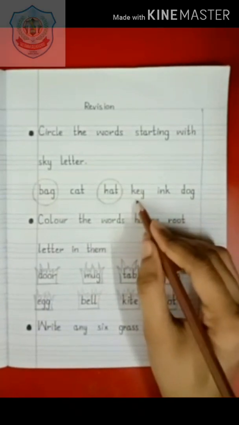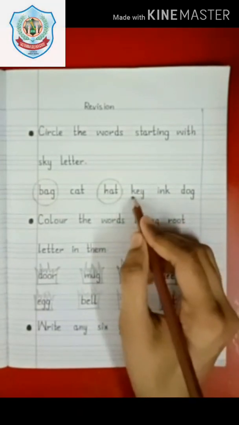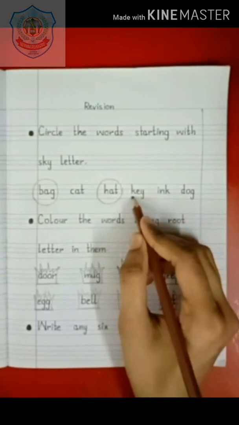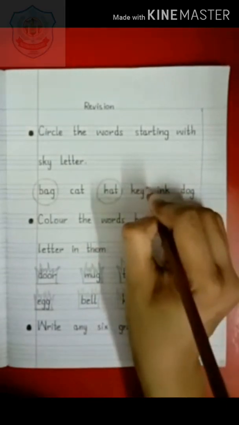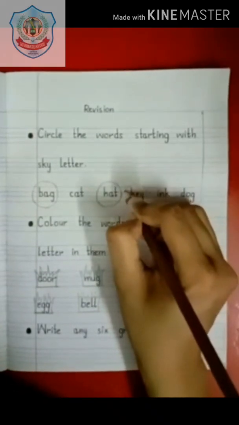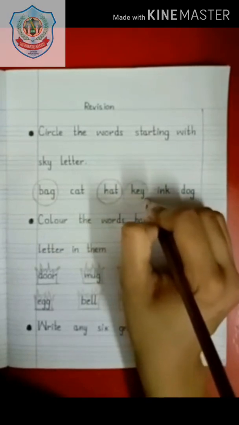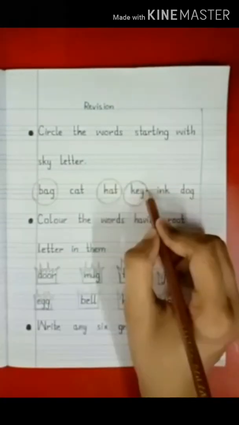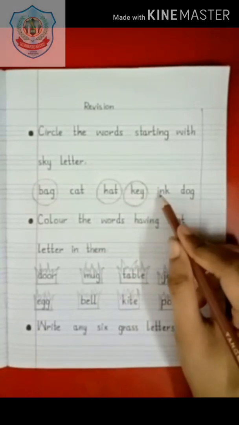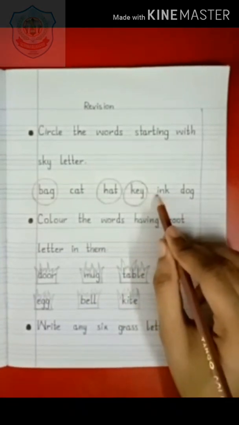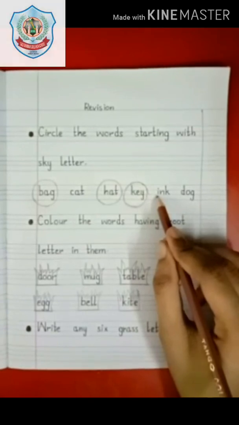Now look at the next word. The next word is key. Key is starting with letter K. K is sky letter. We will circle it. Look at the next word. Next word is ink. Ink is starting with letter I. I is not sky letter.